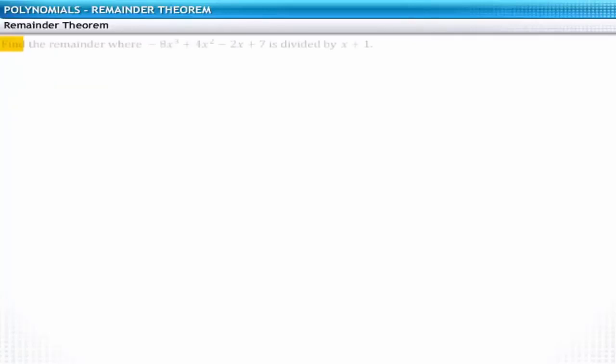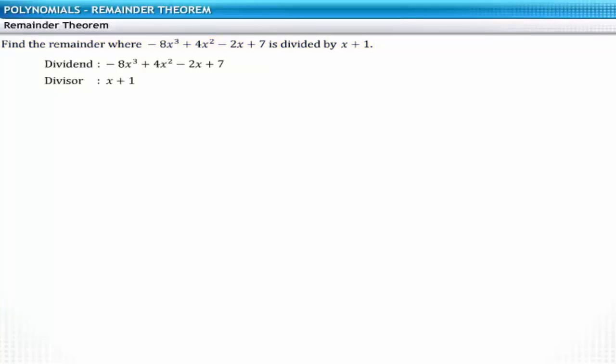In the first problem, you need to find the remainder when a polynomial minus 8x cubed plus 4x squared minus 2x plus 7 is divided by another polynomial x plus 1. Here the divisor is x plus 1.